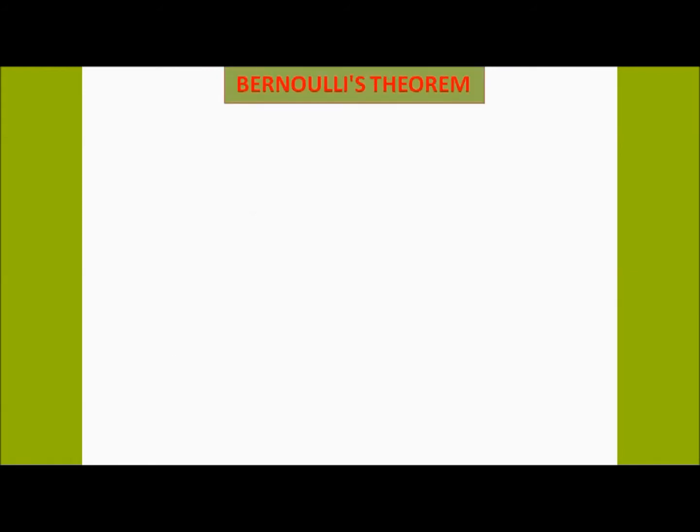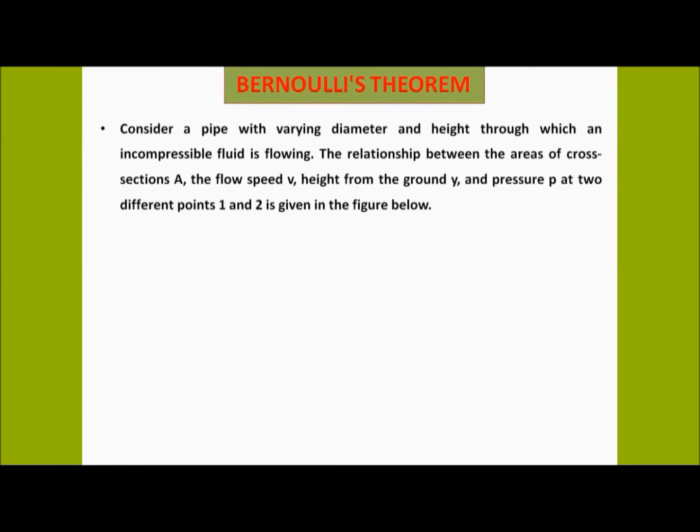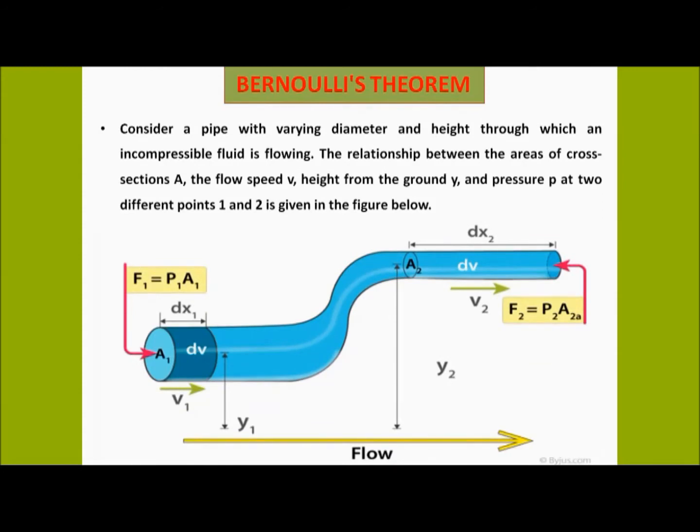Now let's look at Bernoulli's theorem. So what is Bernoulli's theorem? Basically, let us consider a tube with a varying diameter. Suppose here the diameter is more, here the diameter is less, right? So it has two heights. Suppose this is the height y1, and this is the height y2.